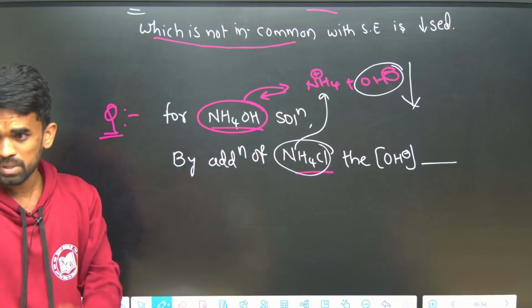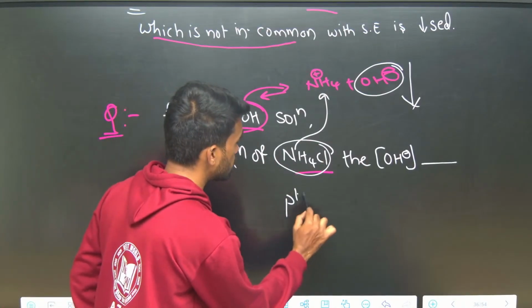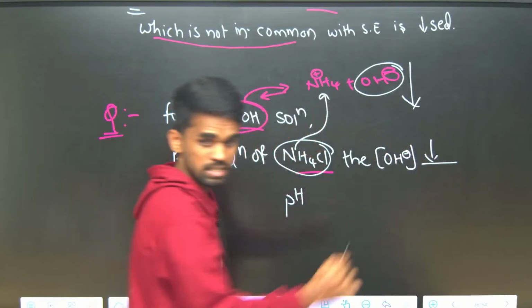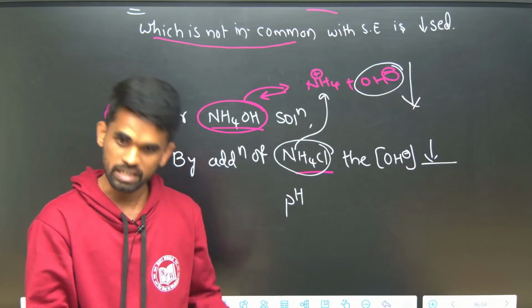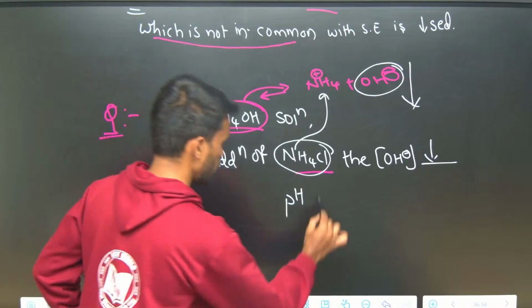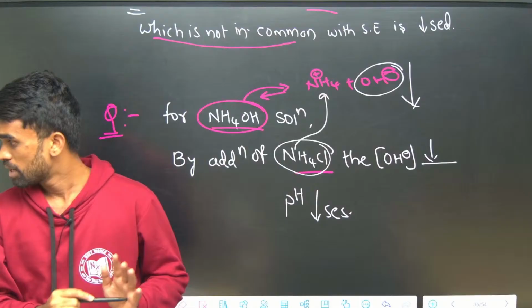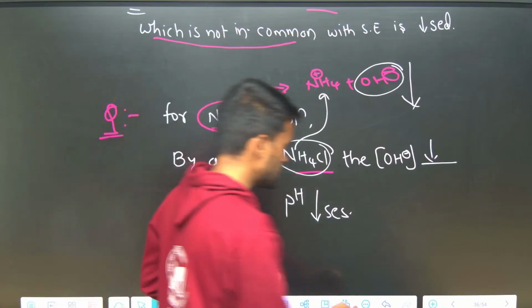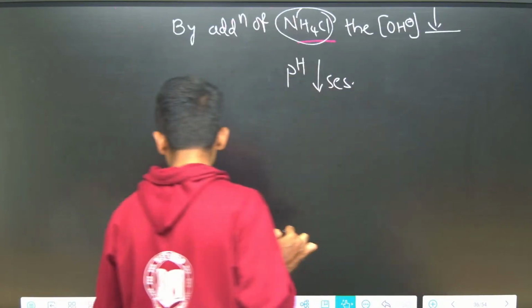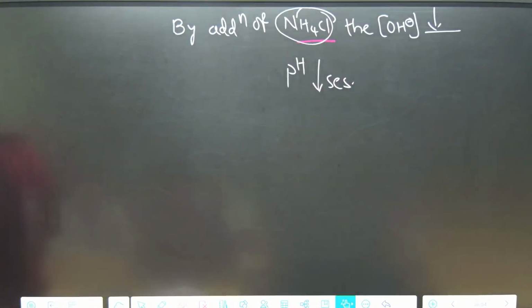The concept is clear now. So what happens to the pH? If the concentration of OH minus decreases, pH also decreases. Is that clear or not? So pH also decreases. So you can expect statement based questions here, right? Clear now? Yes. The next thing, one more thing I am asking. Wait a minute.